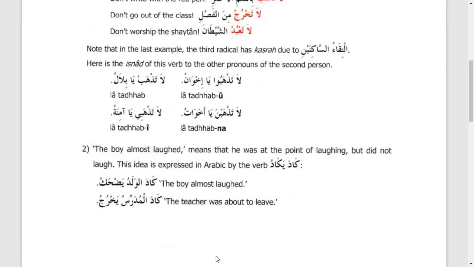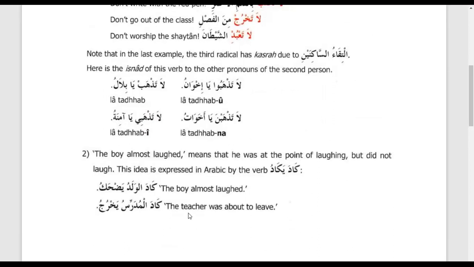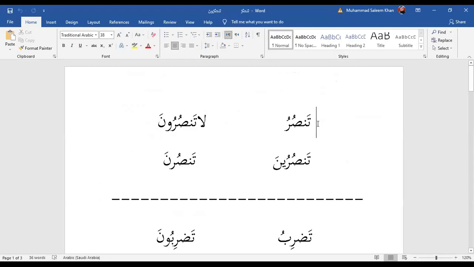Okay, now we will just see what we discussed now. For example, just a small demonstration. So tansuru means you help. And if you want to stop someone from helping someone, which we shouldn't do, but it's just for the sake of learning, what will we do here now? We will put here la.